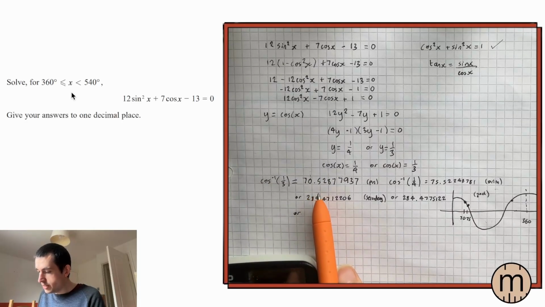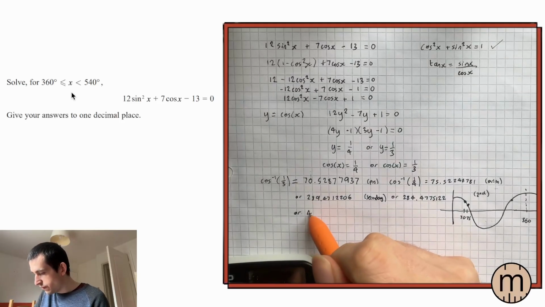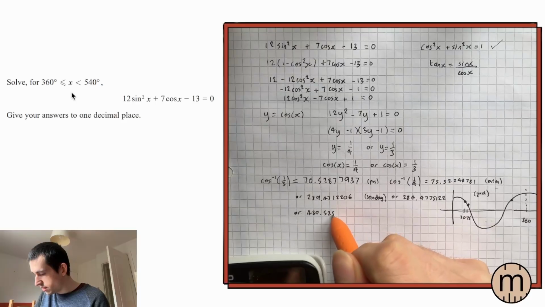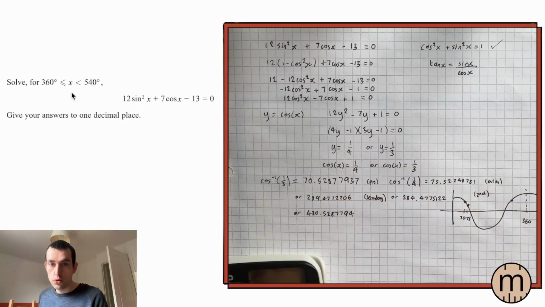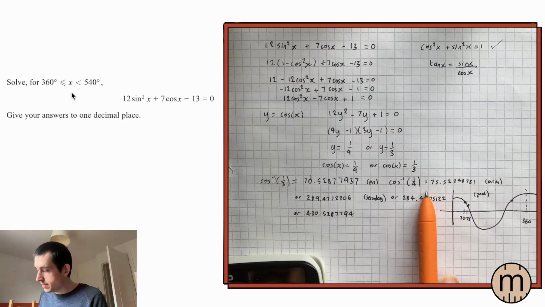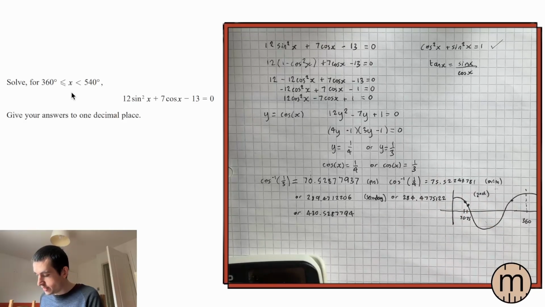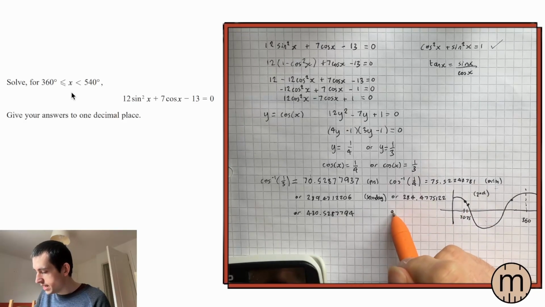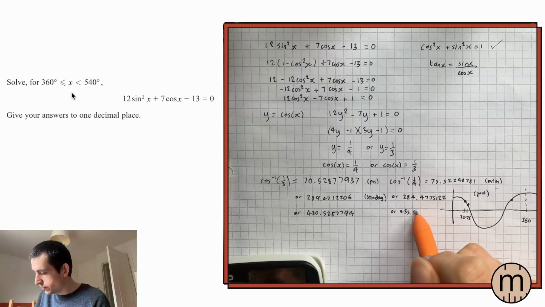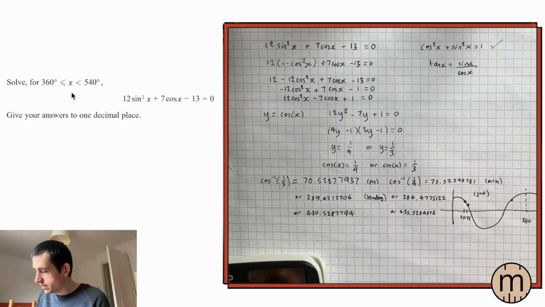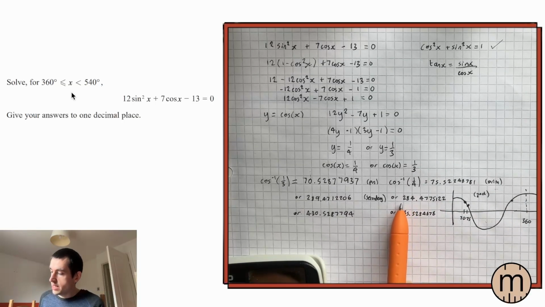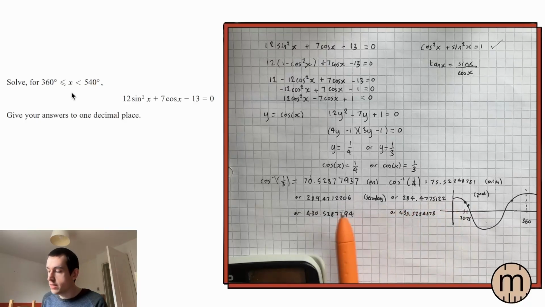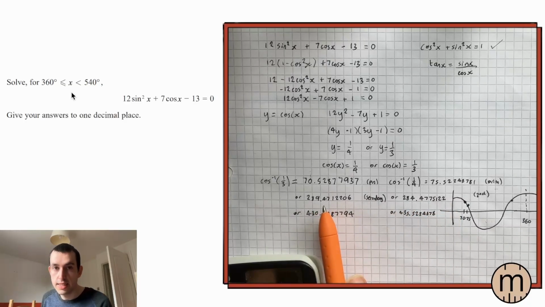So I'm going to take that original value of 70.5. I'm going to add on 360 and I'm going to get 430 point all those decimals. I'm now going to take the 75 value. I'm going to add on 360 and I'm going to get 435.5224878. If I add 360 to 284, it's too big. If I add 360 to 289, it's too big.